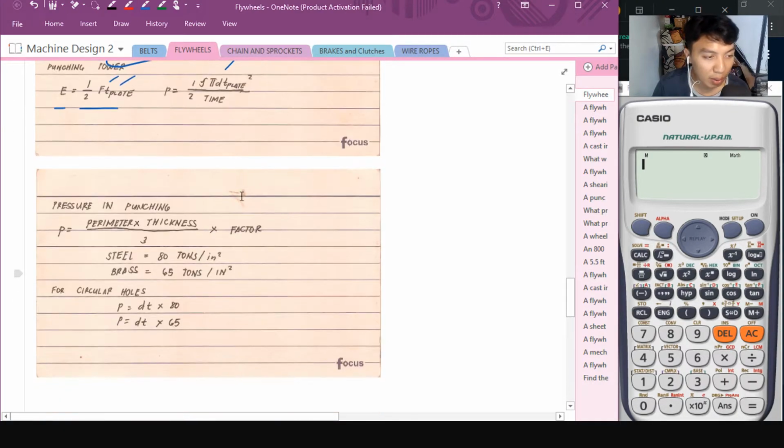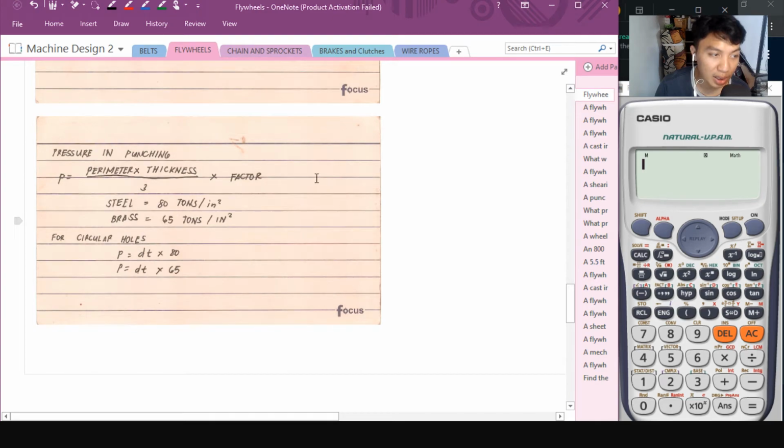And then, if you are asked for the pressure in punching, that is equal to perimeter multiplied to the thickness divided by 3. And you multiply it with a factor depending on the material of what you are punching. So, dito, pag binigay yung steel, yung factor is 80 tons per inch squared. And then yung brass is 65 tons per inch squared.